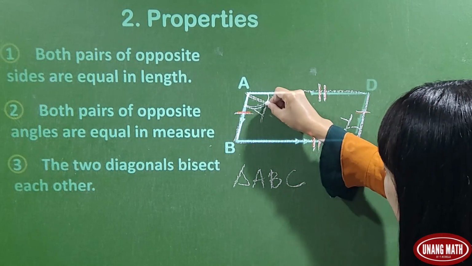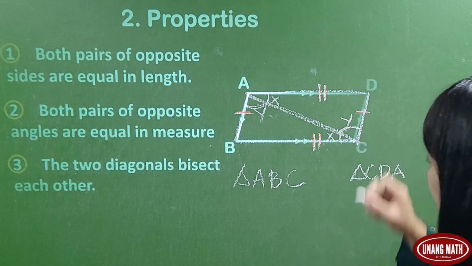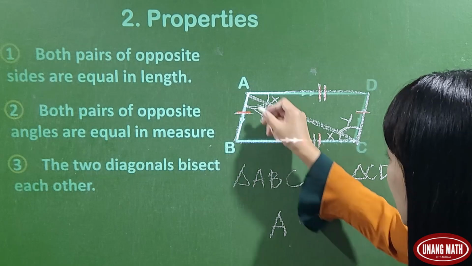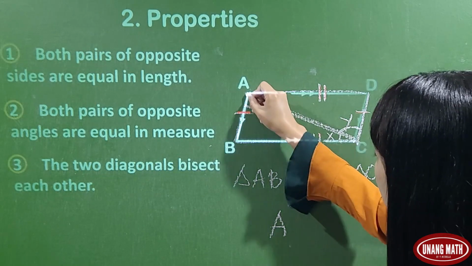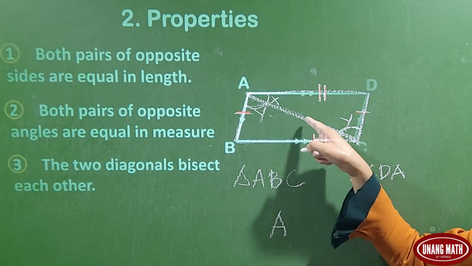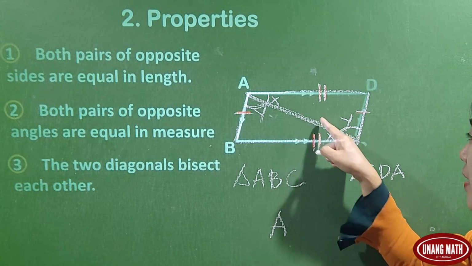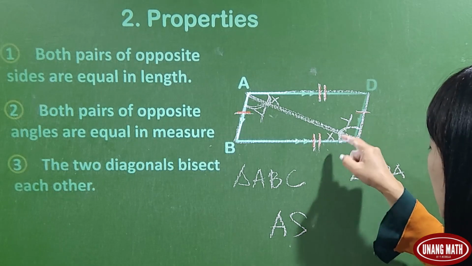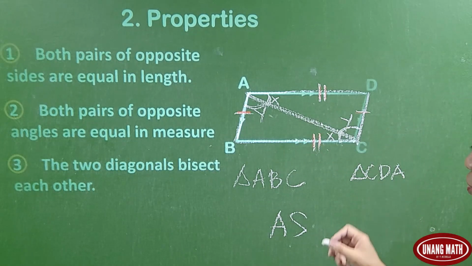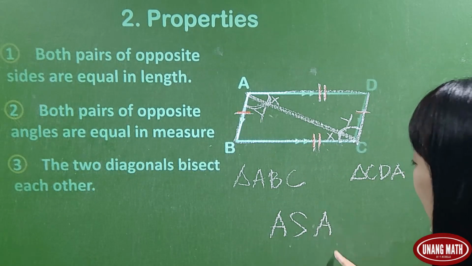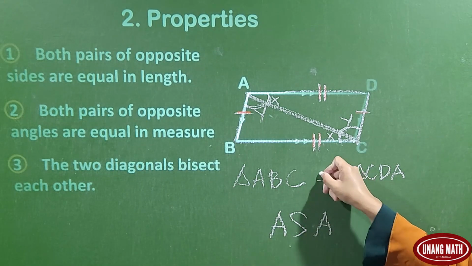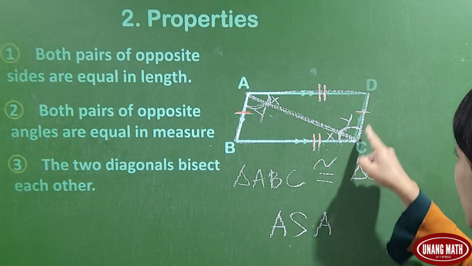This angle corresponds to this angle. They are equal in measure. What about this side? These two triangles share this common side. This angle corresponds to this angle and they are equal in measure. So we have here ASA congruence. So it means triangle ABC is congruent to triangle CDA.